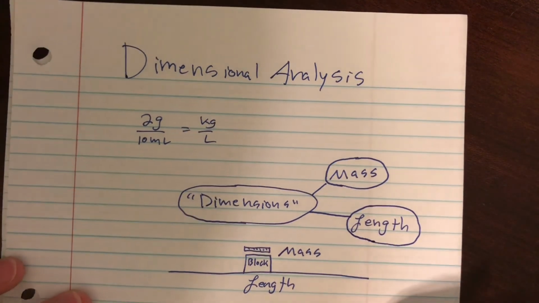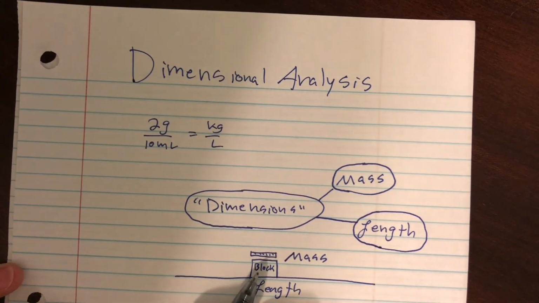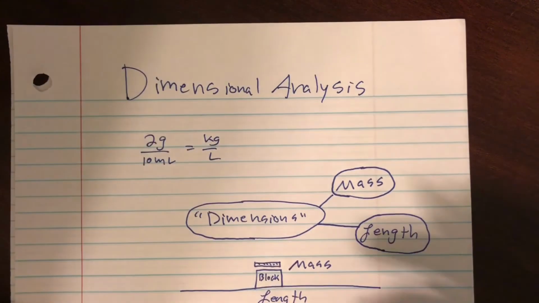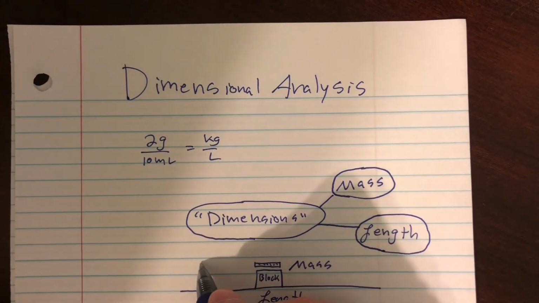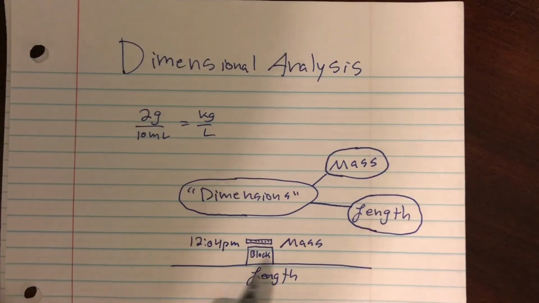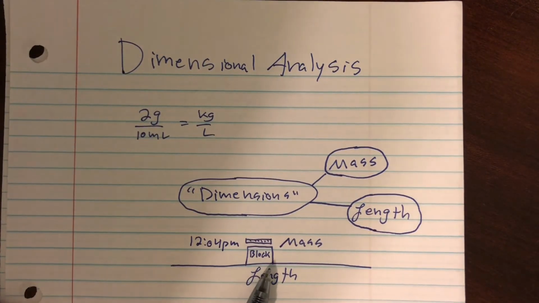The next one is a little more conceptual when applying it to the block example. Let's say I stick this meter stick on at some time, say 12:04 p.m. The block itself doesn't really have time. Time is just another fundamental quantity that we use to measure different things.